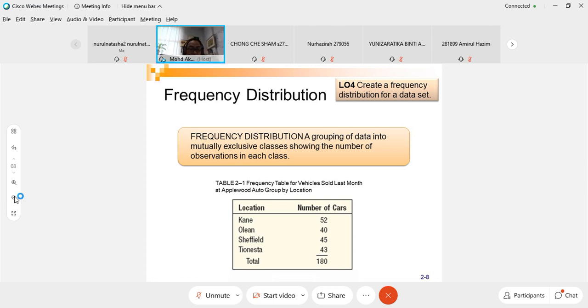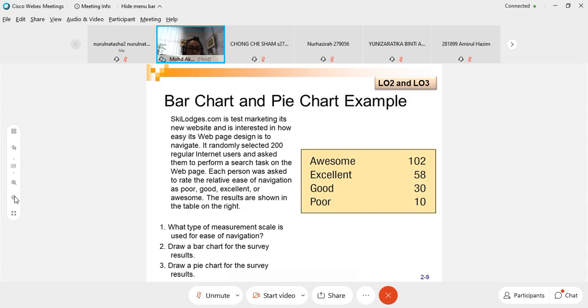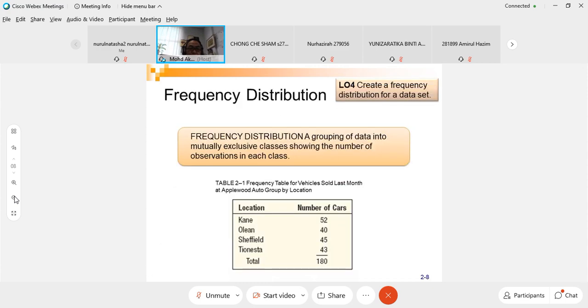Now we have the data. That means frequency distribution, how the data shows the number of observations in each class. So we have 52 for Keynes, 40 for Olean, Sheffield 45, and Tionesta 43. So you want to know how the frequency is distributed.